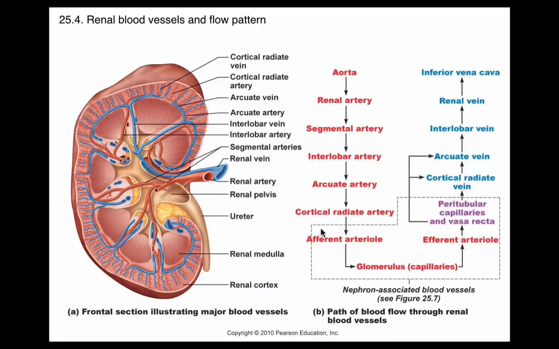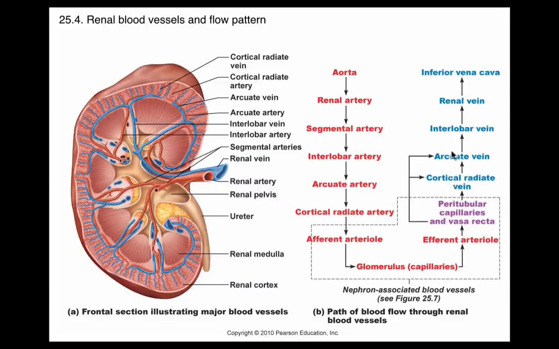Now, those cortical radiate arteries, what's boxed in here, is the blood vessels that go right around the nephron. We'll deal with those when we get there, but suffice it to say that the cortical radiate artery branches into what's called the afferent arteriole that leads to this fenestrated capillary called the glomerulus, and then the efferent arteriole leaves the glomerulus and then turns into the vessels called either the peritubular capillaries or the vasa recta, depending on where we are exactly.